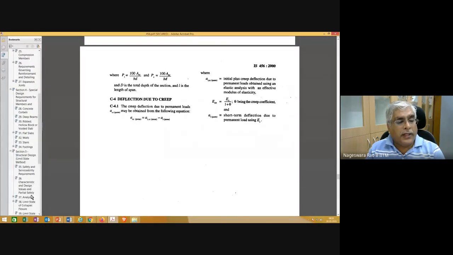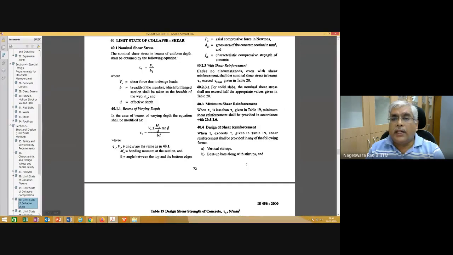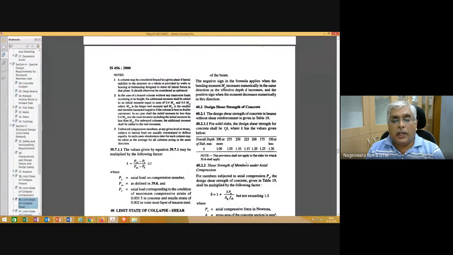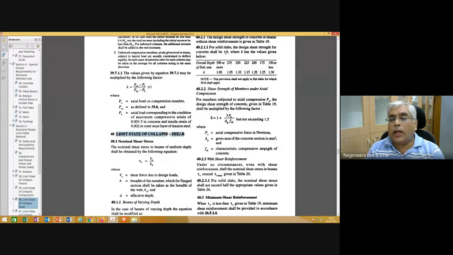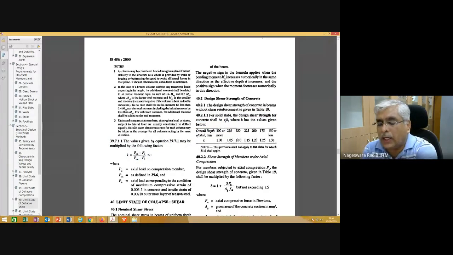So we need to check when we are checking the shear. Please note here, when we were looking at the limit state of collapse under shear for beams, we did not look at these sections. Those sections we are going to look at while designing slabs.